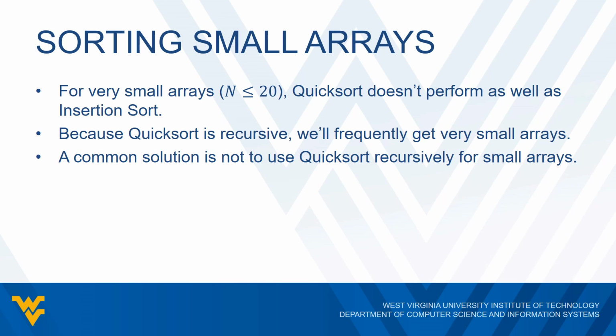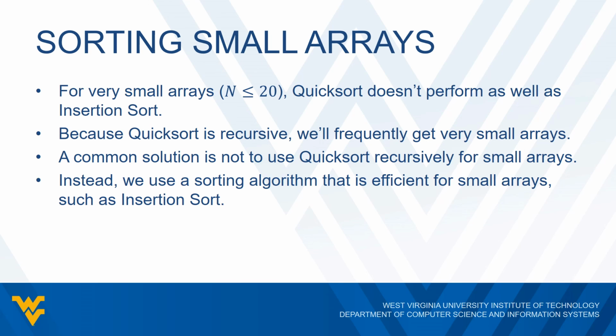So a very common solution is to say that whenever we get a small array, we don't use quicksort in that case. Instead, we can use another sorting algorithm that is efficient for small arrays, such as insertion sort. From an execution perspective, this can save about 15% of the execution time if we use insertion sort for smaller arrays instead of quicksort.